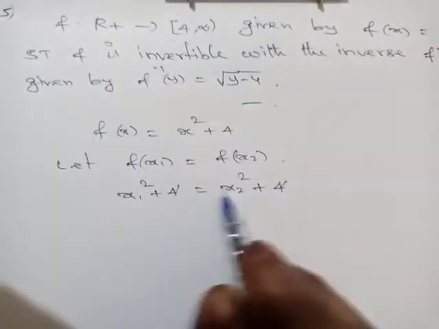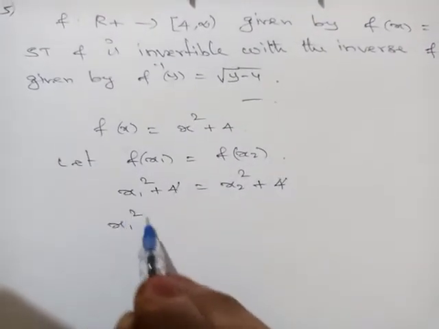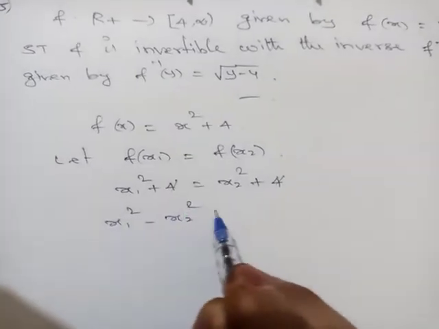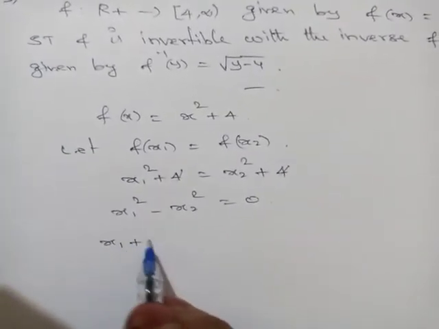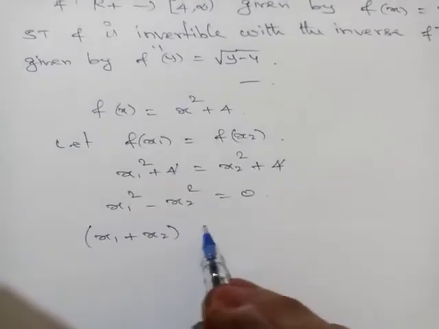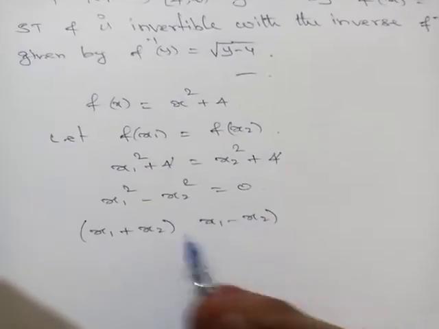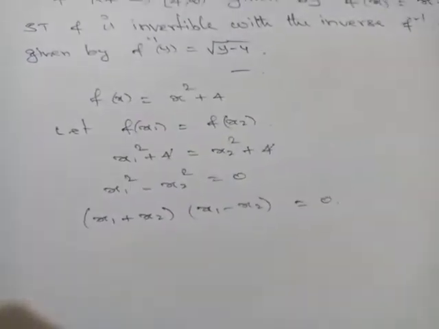These two cancel, bring this side, x1 square minus x2 square equal to 0. So this can be written as x1 plus x2, x1 minus x2 is equal to 0, right?